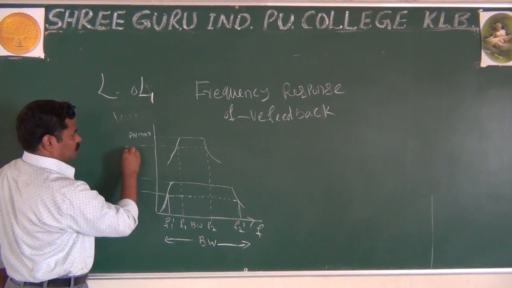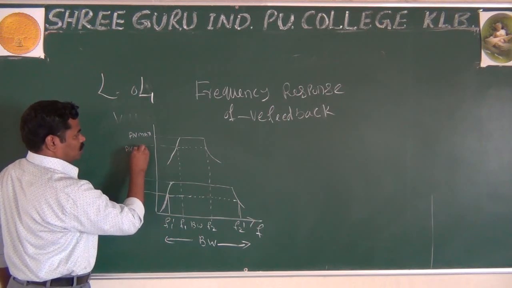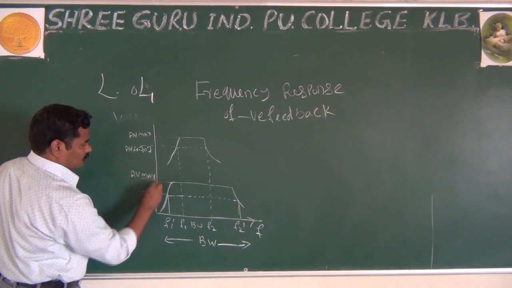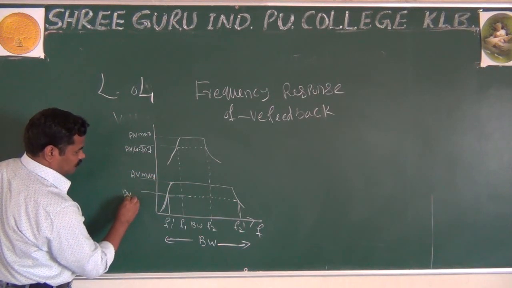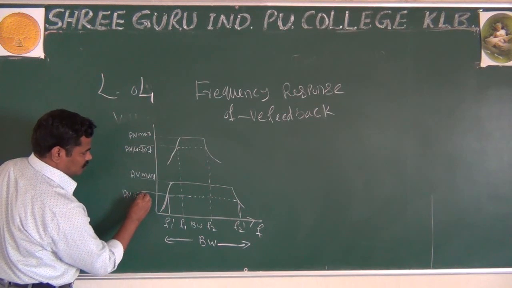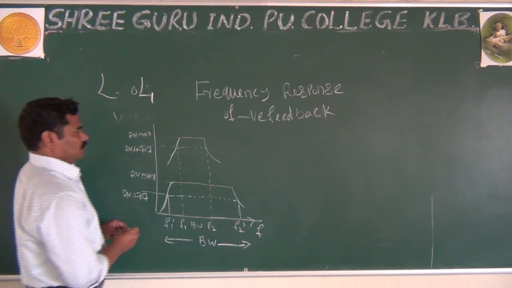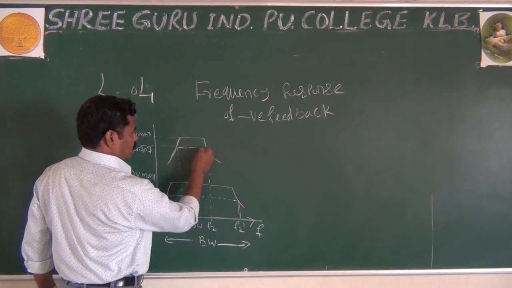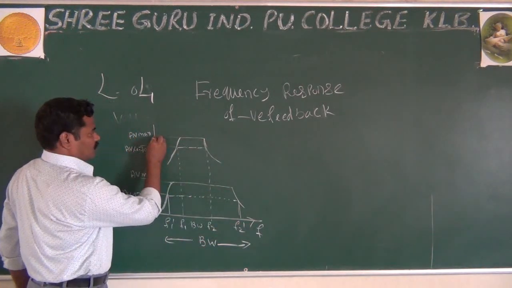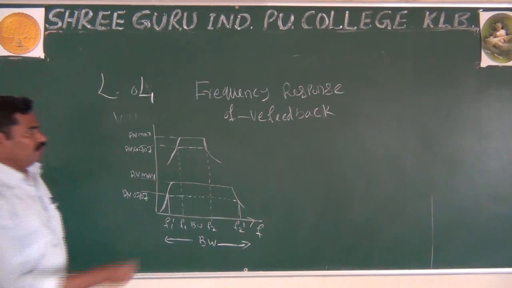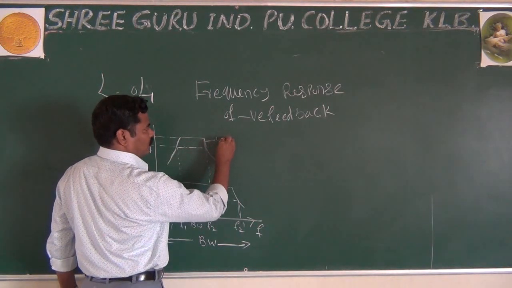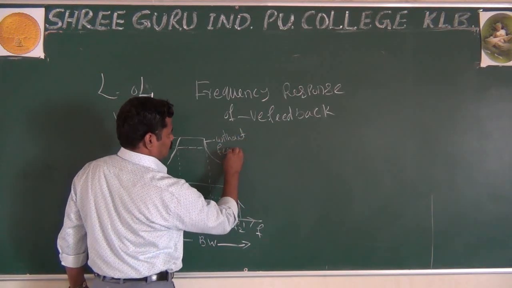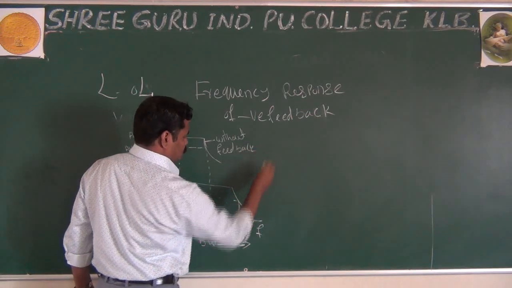This is AV maximum divided by root 2, the half power point. Look here, this is without feedback, and this is with feedback.